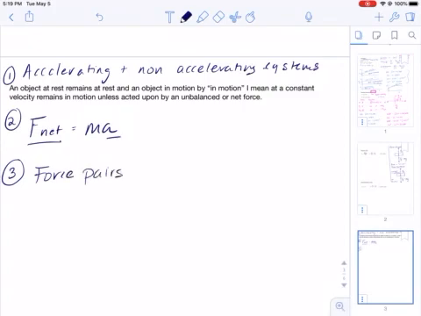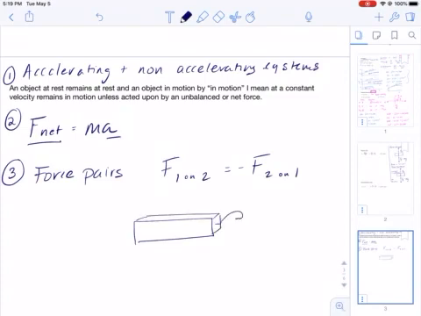If the spring scale is not moving, then the pull on the left would be equal but opposite in direction to the pull on the right. It would have to be that way, right? If this is not going to move. So that's all Newton's third law says, but it turns out to be super, super, super helpful. Okay, so those were Newton's three laws.